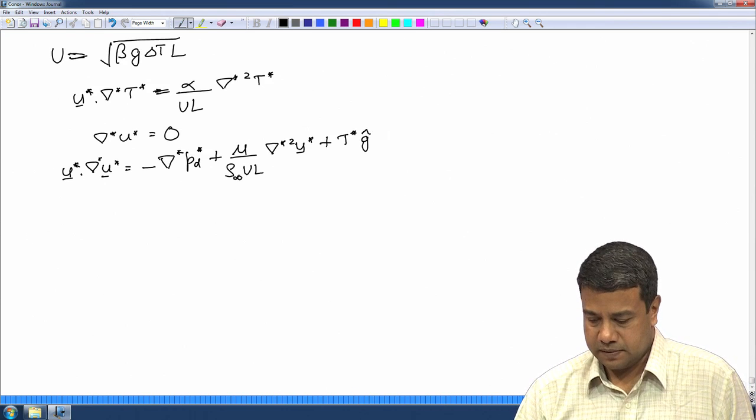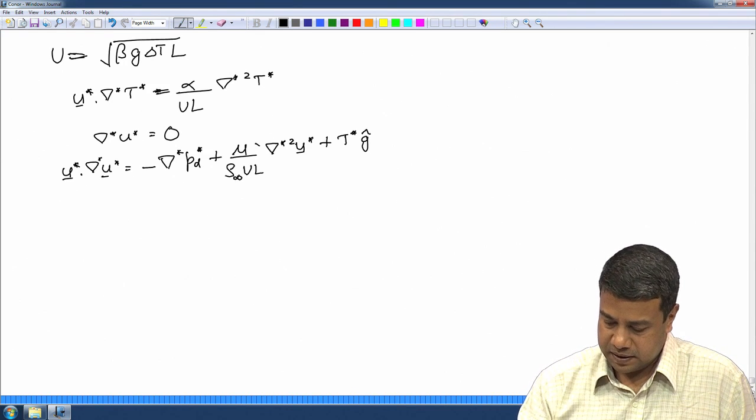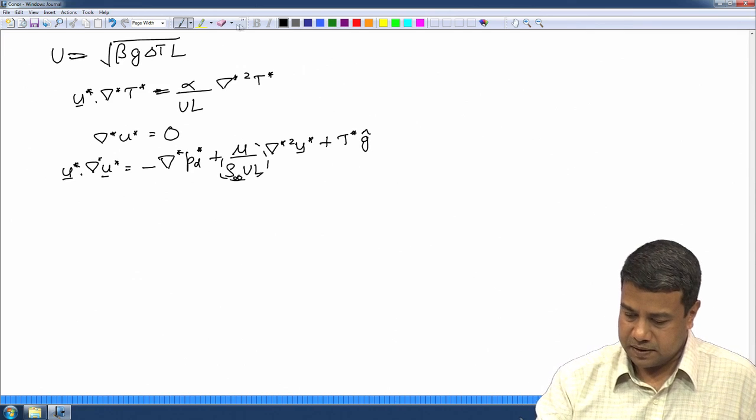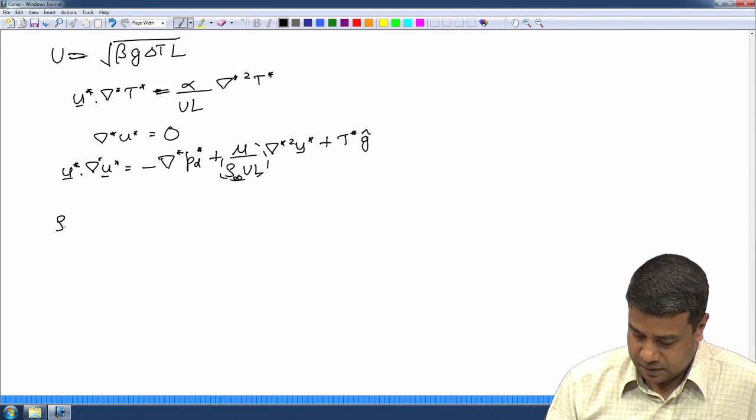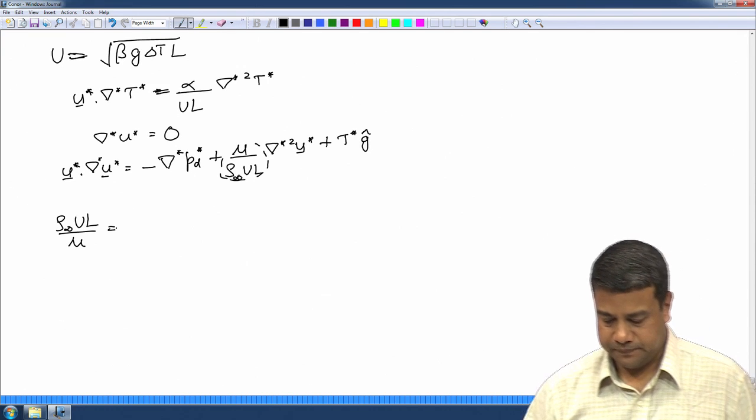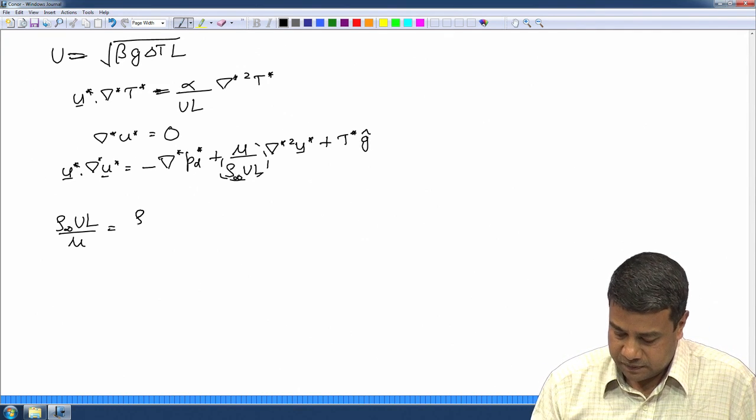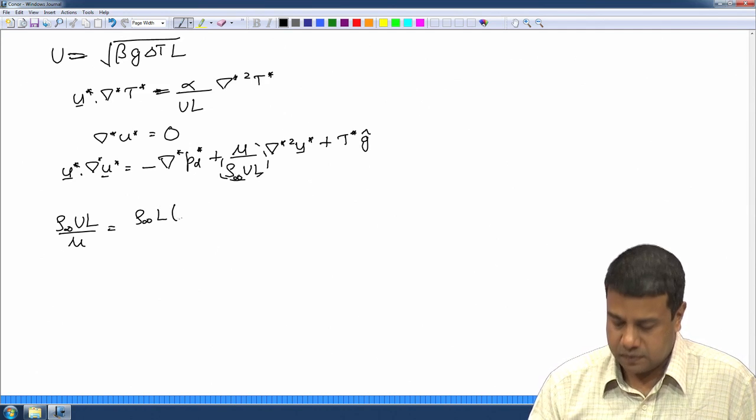So, that is the balance equation. This thing is 1 over a Reynolds number. So, let us look at this term here, rho infinity u L by mu. This is going to be equal to rho infinity into L into root of beta g delta T L by mu.